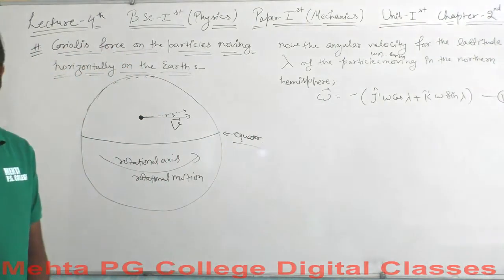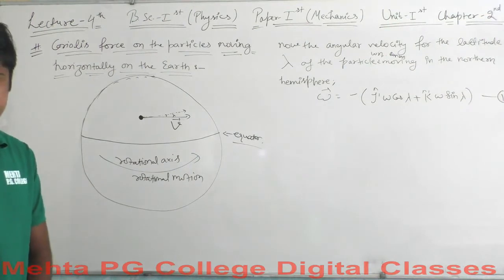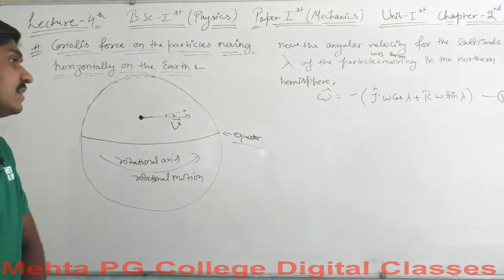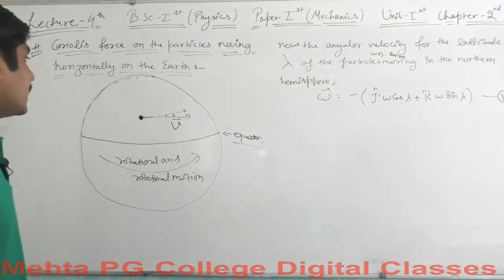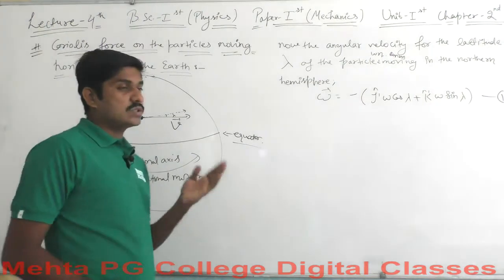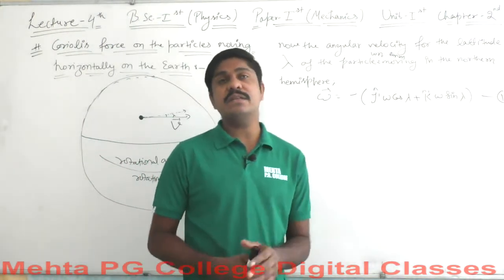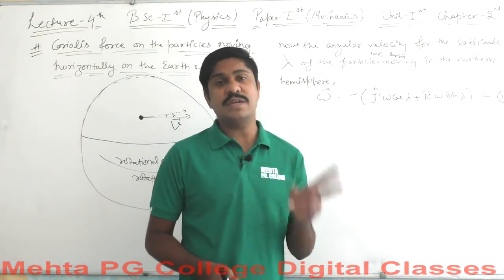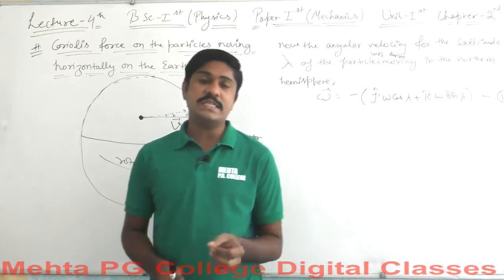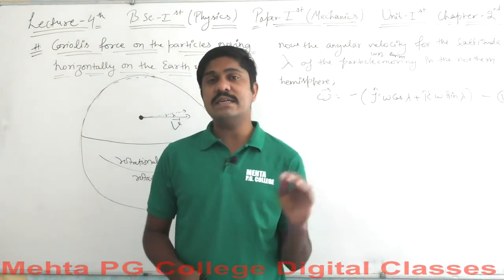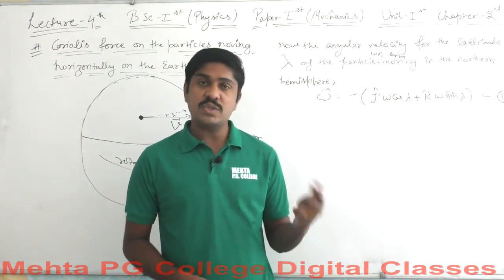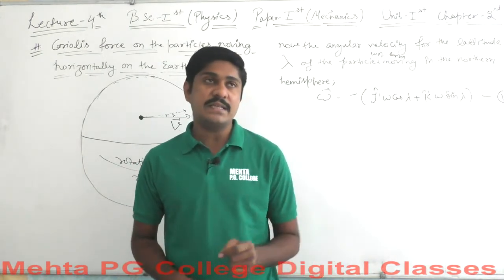Also, what should be the velocity of the particle? The particle is moving on the horizon, so on the horizontal plane the particle velocity must be composed of two axes, the x-axis and the y-axis.